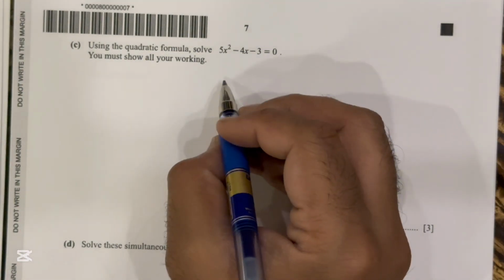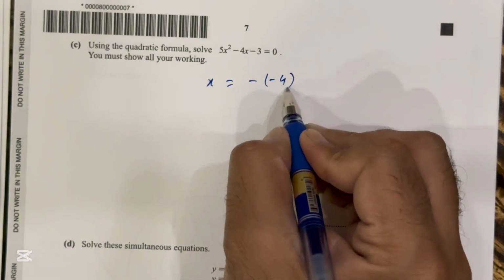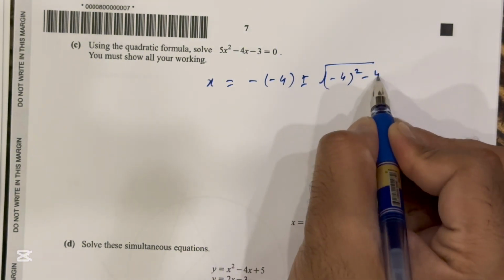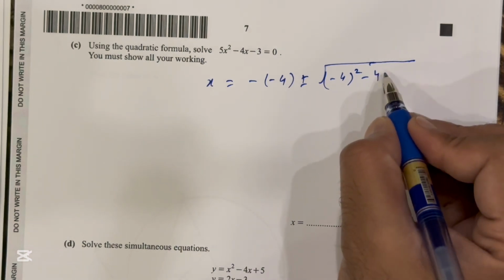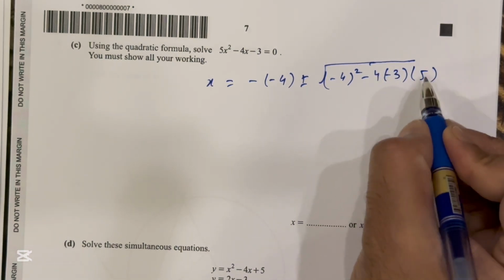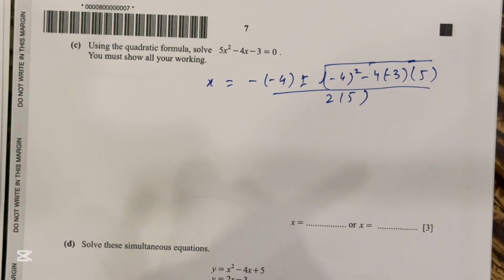Moving to C part: using the quadratic formula, solve 5x squared minus 4x minus 3 equal to 0. So you're going to apply the quadratic formula, that is x is equal to minus b plus minus the square root of b square minus 4ac, where c is given as minus 3 and a is given as 5, divided by 2 into 5.